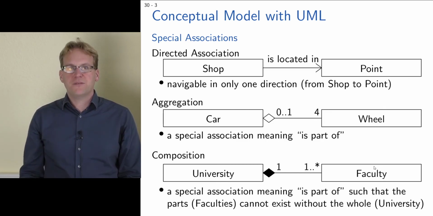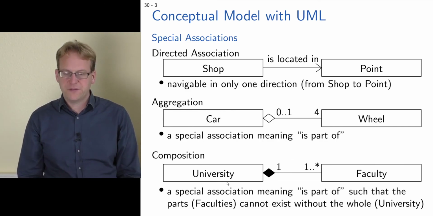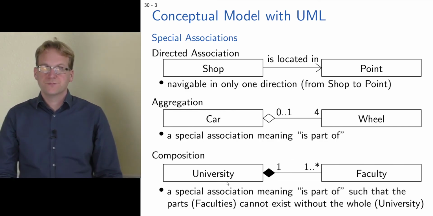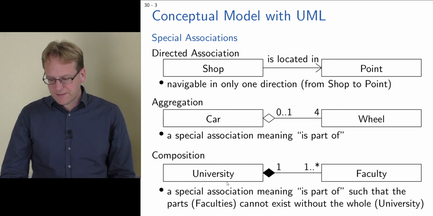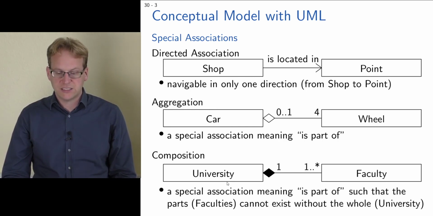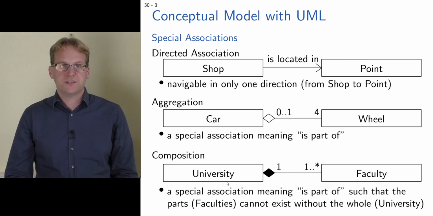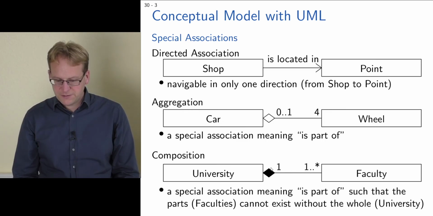We are a part of the agricultural faculty, and the agricultural faculty is part of the university. In other countries, maybe that would be called a department of agriculture. In Germany, it's called a faculty.